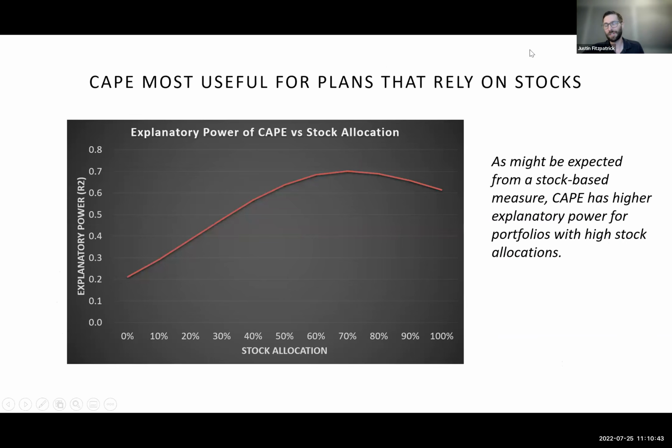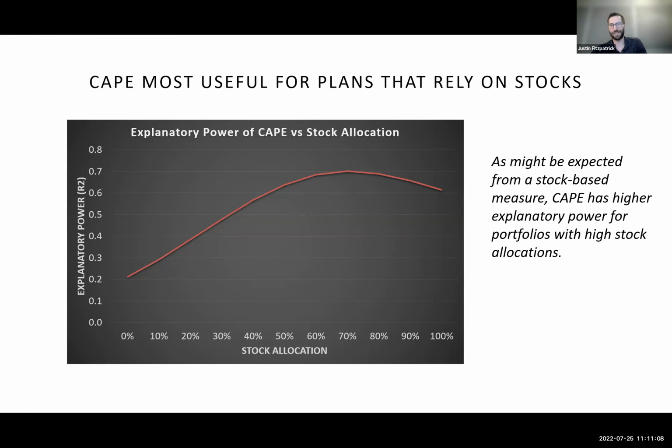However, CAPE, because we're talking about stock earnings, is not as useful if the allocation is not as heavy in stock. So you see here, if stock allocations are down in the 10, 20% range, the explanatory power is much lower than if we get up to higher stock allocation levels. Again, should not be surprising to any of us, of course, right?